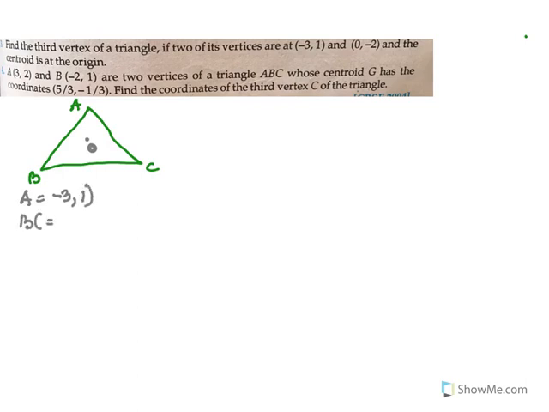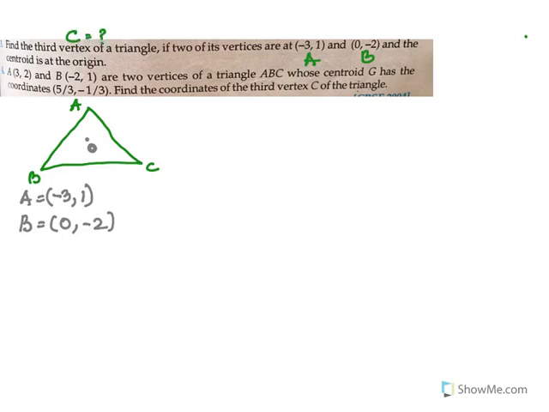B is given as 0, minus 2. So this is A. This is B. Now C, the third vertex, is the question.